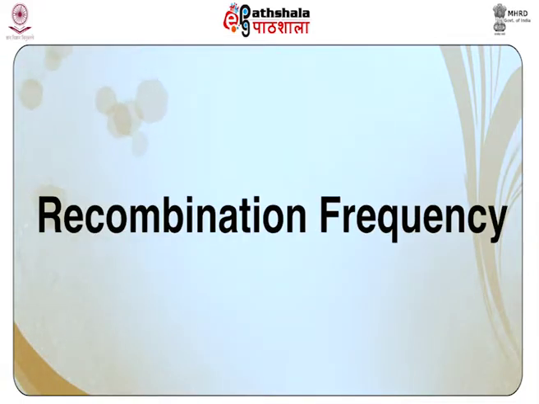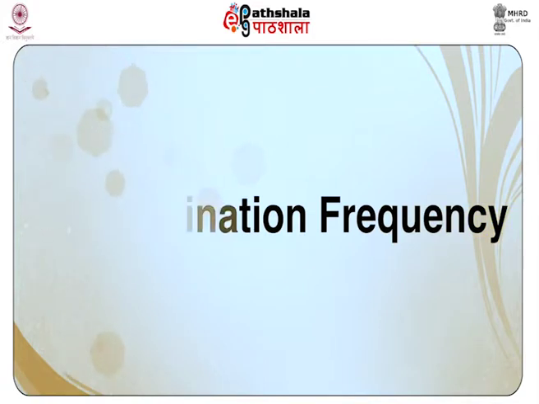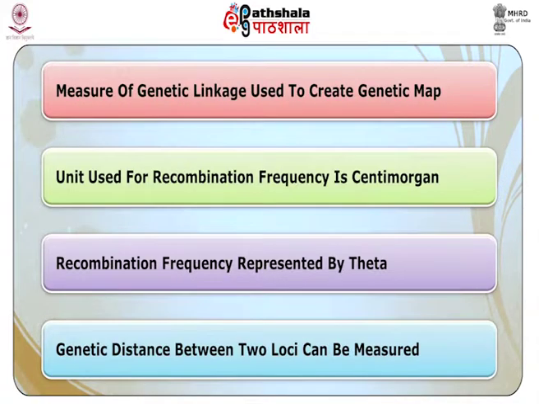Now we will be studying about recombination frequency. It is a measure of genetic linkage used to create a genetic map. The unit used for recombination frequency is the centimorgan, that is cM. Recombination frequency, represented by theta, is the genetic distance between two loci and can be measured in this way.